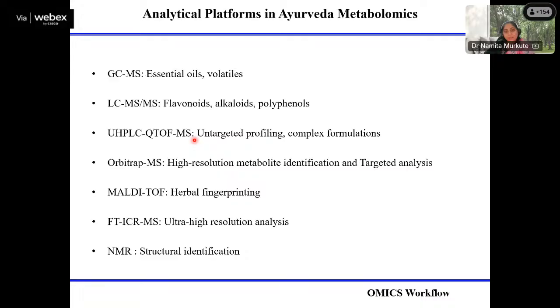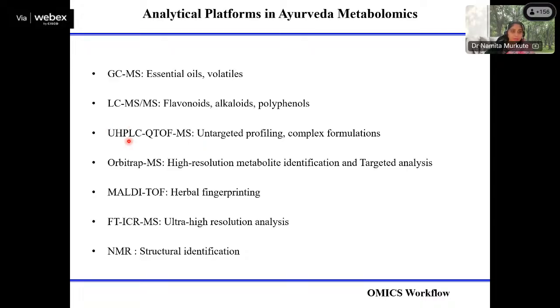This Q-TOF MS you can use for untargeted profiling, for identification of biomarkers or certain compounds from your whole metabolome, and for identification of certain compounds from complex formulations, such as when more than 10 or 12 drugs are combined together and you want to identify and quantify particular chemicals from that. Then this Q-TOF MS gives you a good result.